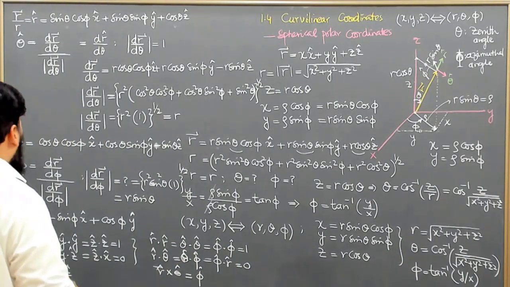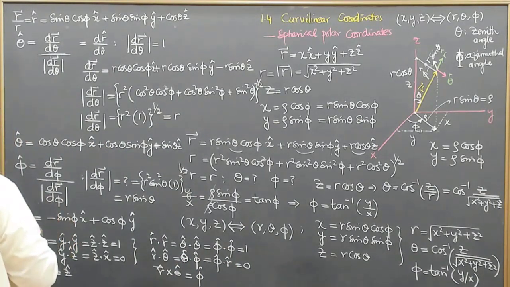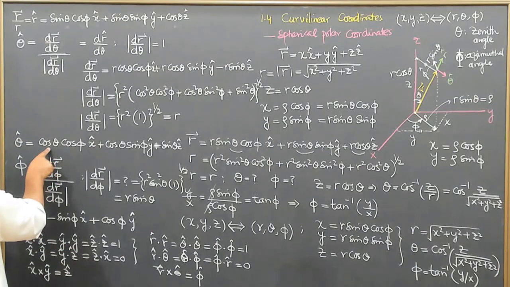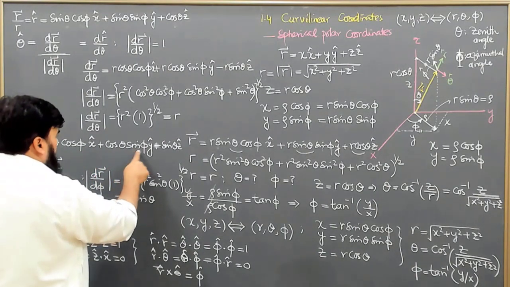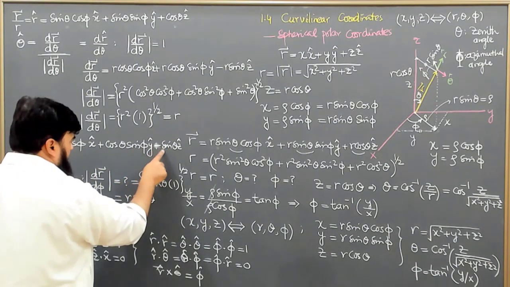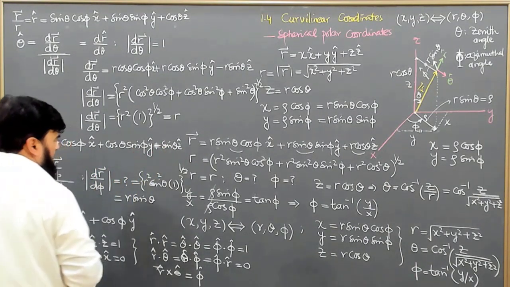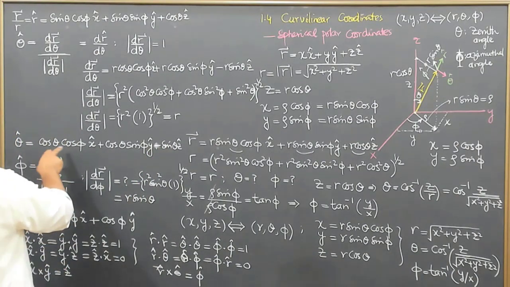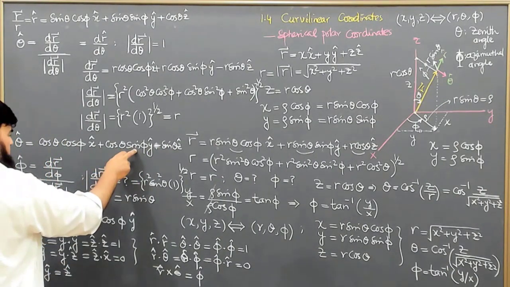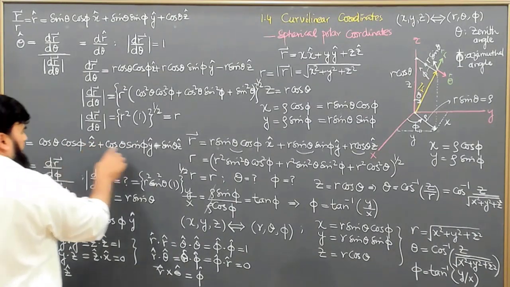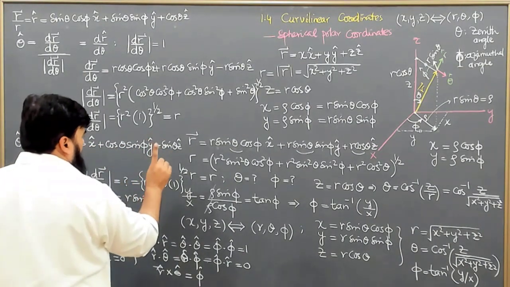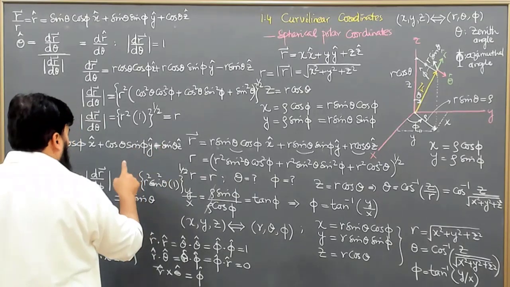Similarly, what about theta? Look here, theta dot theta. So cos square theta cos square phi, cos square theta sine square phi, plus minus minus becomes plus, and this is sine square theta. So cos square phi plus sine square phi will give you 1. Then cos square theta plus sine square theta will give you 1 again.